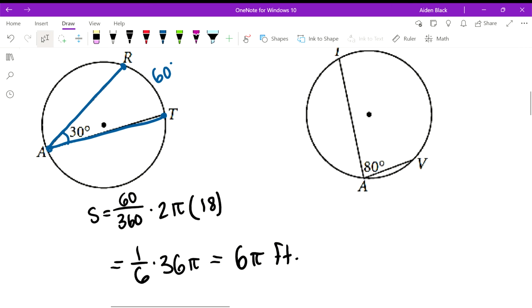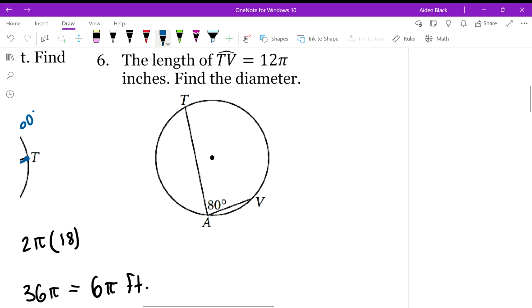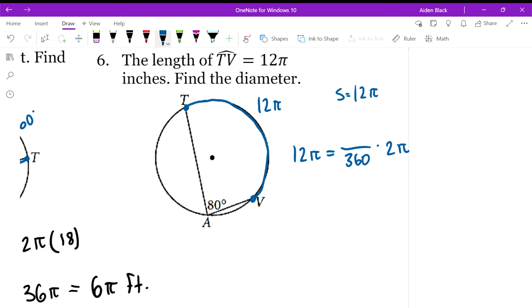Alright, now for this question here, we're given the length, so S is equal to 12 pi in this case. So we know that 12 pi is equal to the measure of the arc over 360 times 2 pi r.